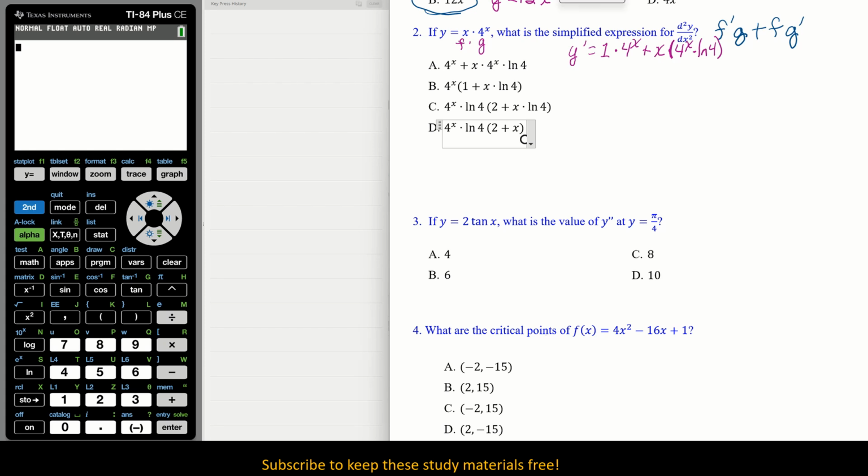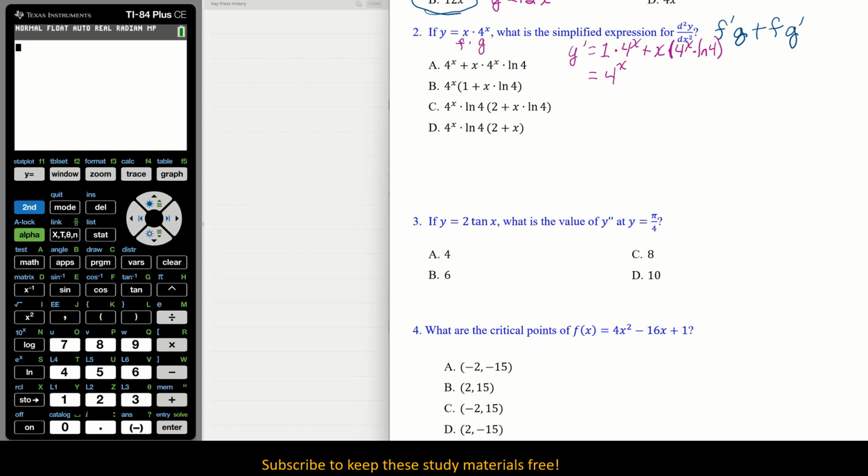Now let's try y double prime. The best bet here is to clean this up so it'll make sense. 1 times 4 to the x is 4 to the x. Then we're adding that to x times 4 to the x ln 4.